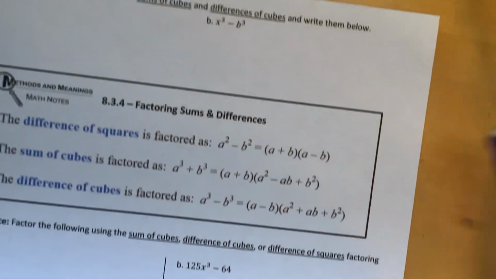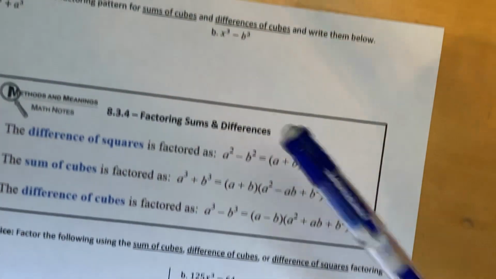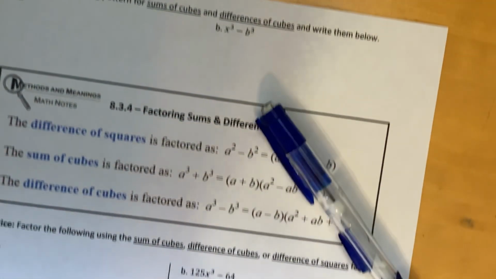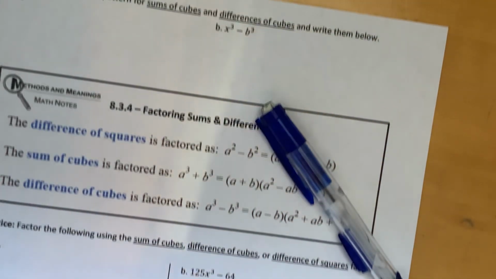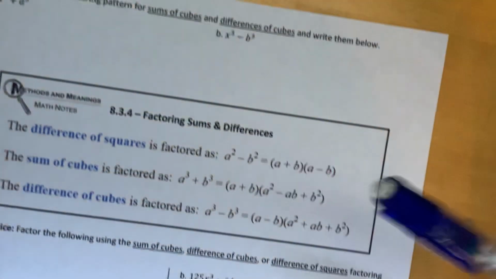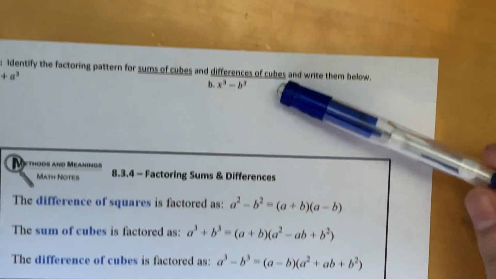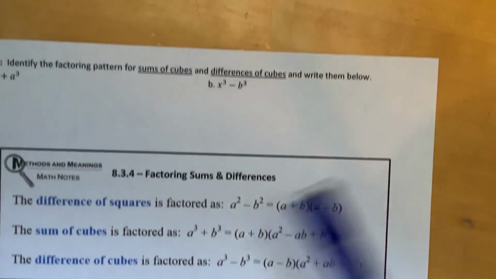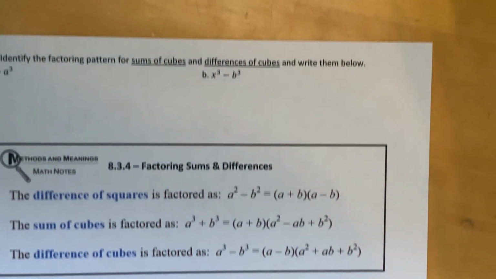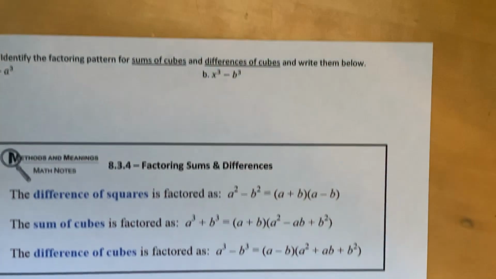So remember how, in this problem, we're going to identify the factoring pattern for sums of cubes and differences of cubes. So hopefully from the previous problems you have figured out some sort of pattern in those. And I did go and share those patterns.